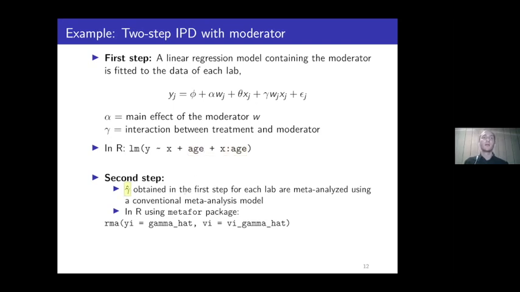So now we are meta-analyzing these gammas that were estimated in this lm code. So again, we do this with the metafor package, and then we would get the results for the two-step IPD meta-analysis.